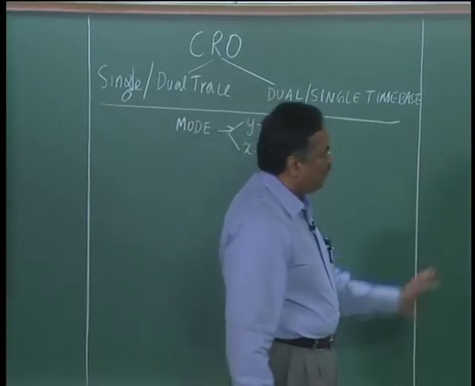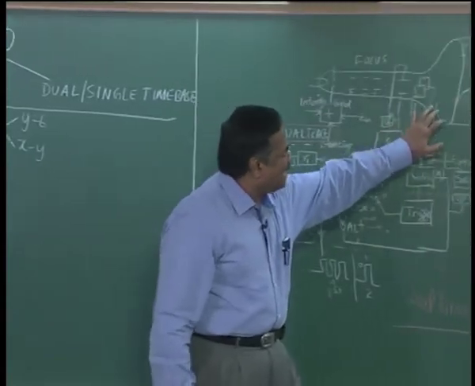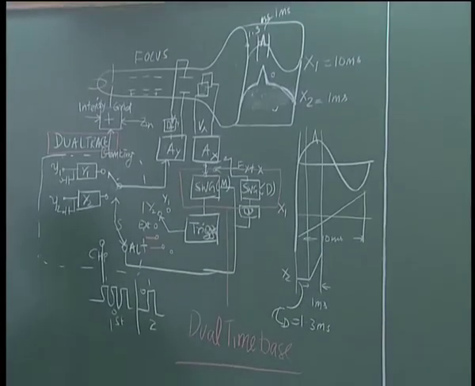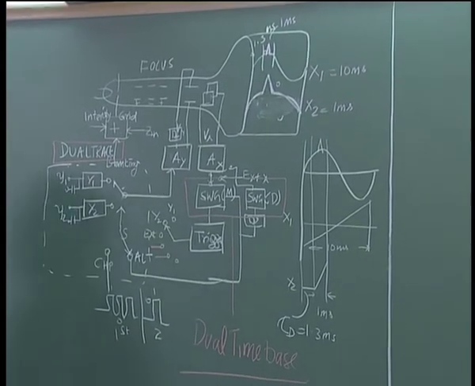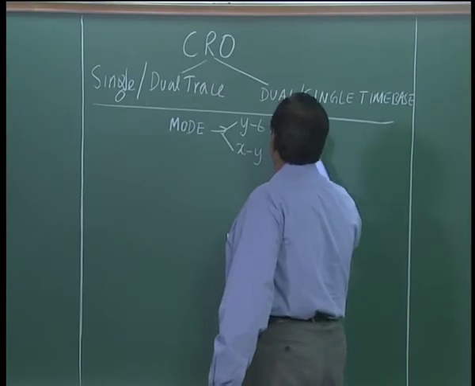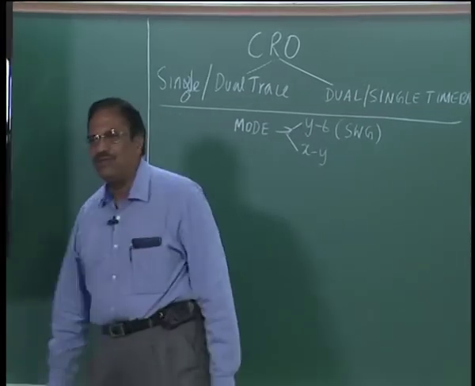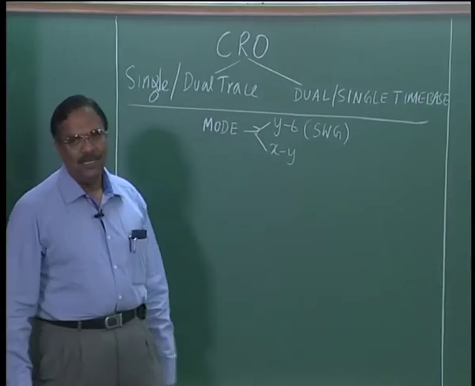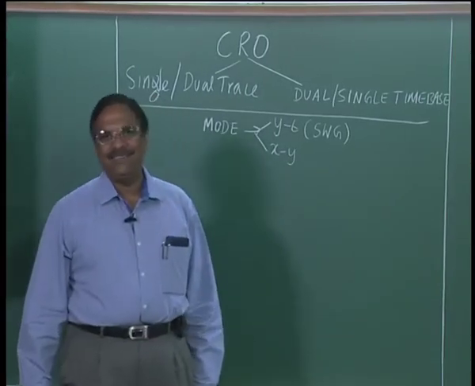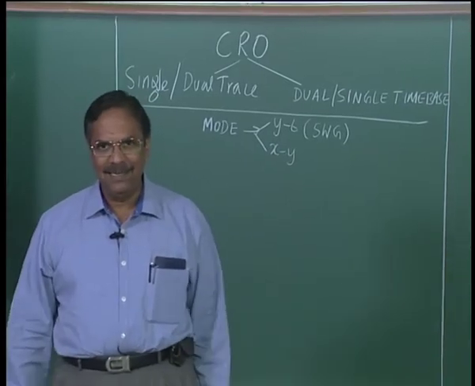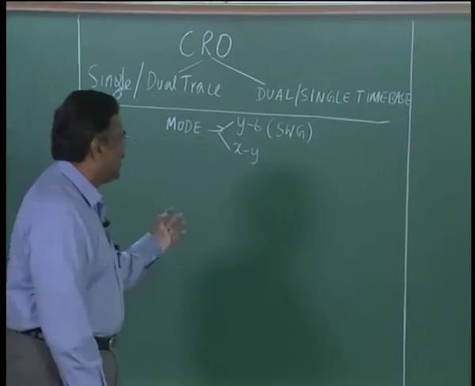YT mode is a normal mode where the x axis is the time, that you set the time on the x axis, right. So in the YT mode the sawtooth wave generator comes into picture. In the XY mode you have to feed both x and y signals, there is no internally generated signal, right, and there is no trigger circuit, right.